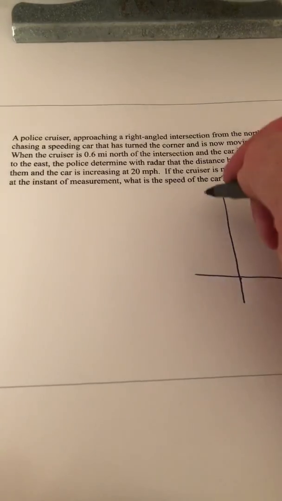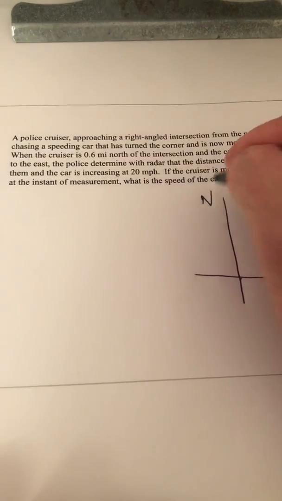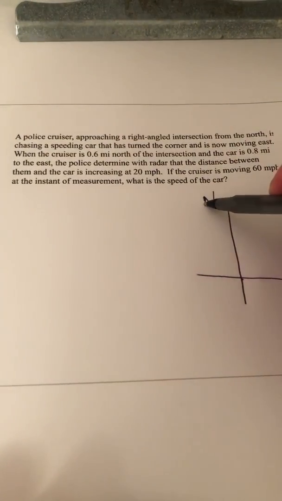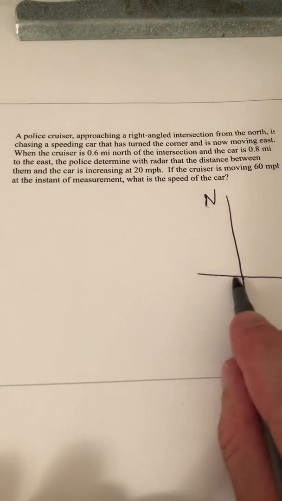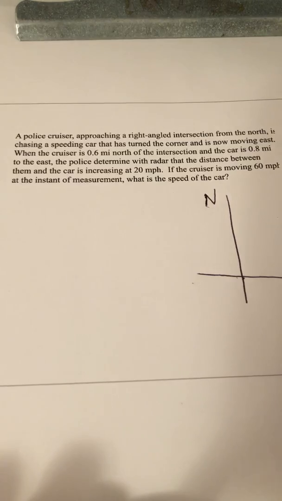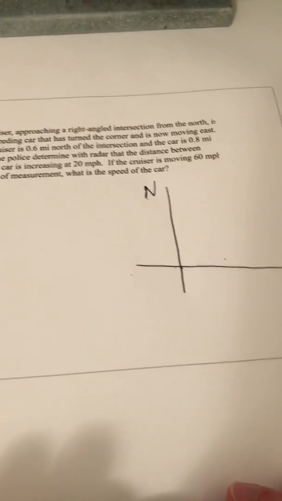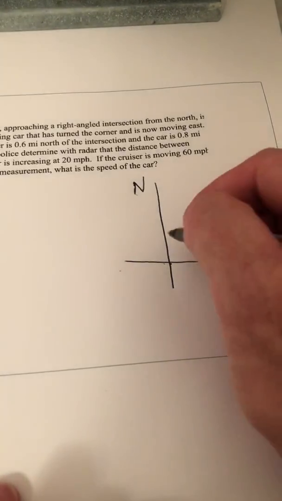And what I can say is, just as usual, put north where we would expect it to be. Okay, so we have our vertical axis, which is our y-axis, and then our horizontal axis, which is the x-axis. So again, in any word problem, you start out by introducing variables.